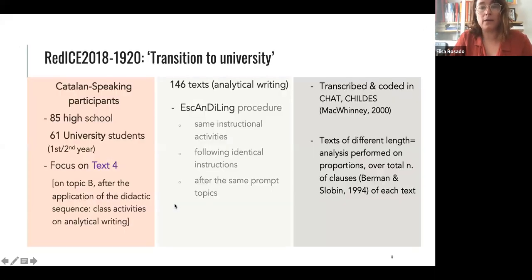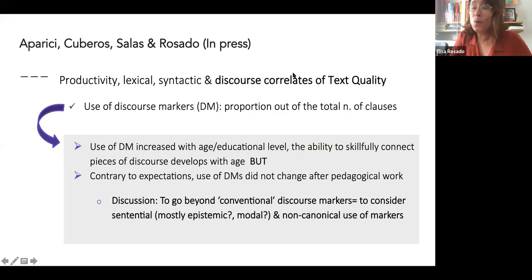Right. We do know that the increase in the use of discourse markers is affected by age and also educational level.